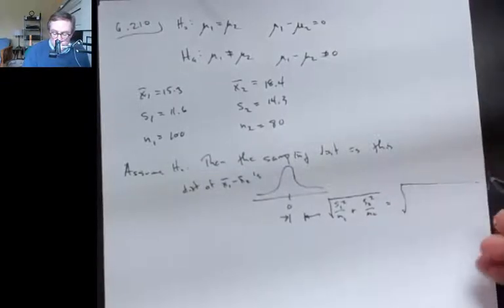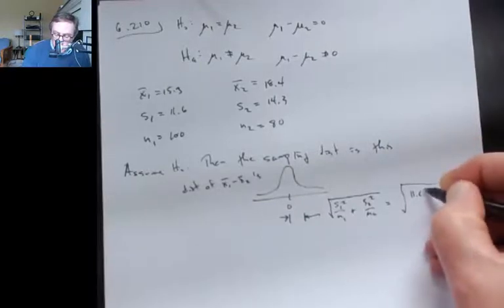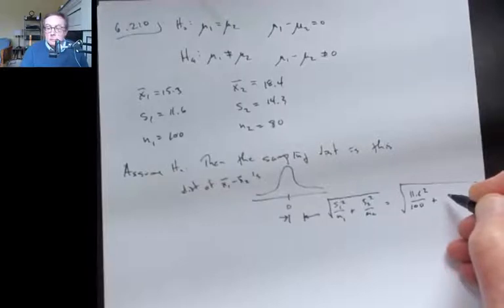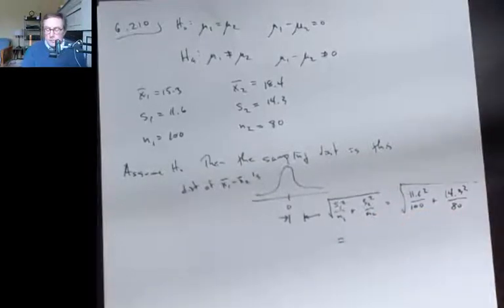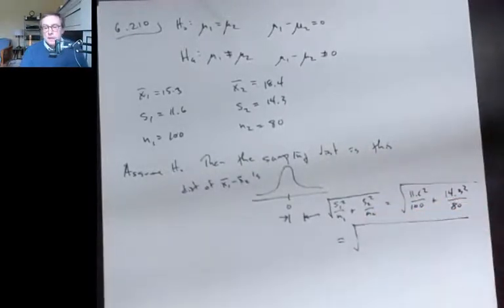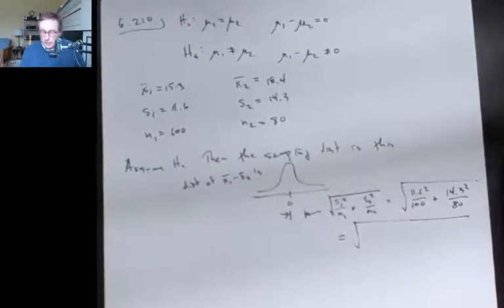So that's the square root of 11.6 squared over 100 plus 14.3 squared over 80. And again, I like to do it in two steps, in part because I'm not a whiz with a calculator, but also because it's easier to go back and check your work.